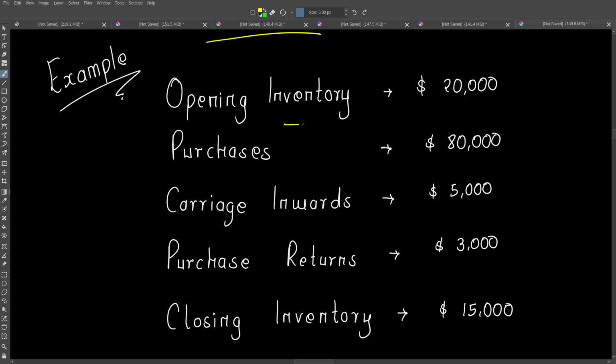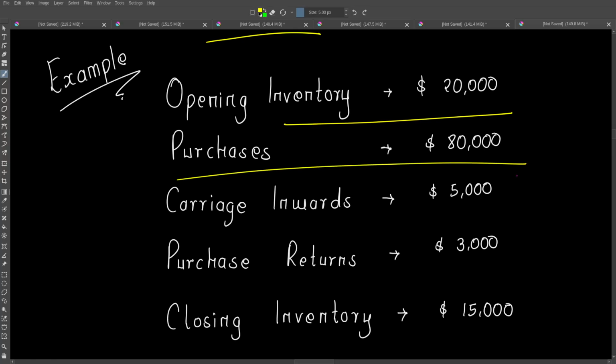So for example, let us look at an example. We've been given the opening inventory. You've been given the purchases, that is the buying that has been done during the period. Then we have the carriage inwards. Remember, this is basically the cost of bringing in, the logistics of bringing in these goods.